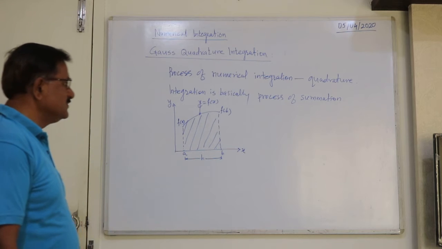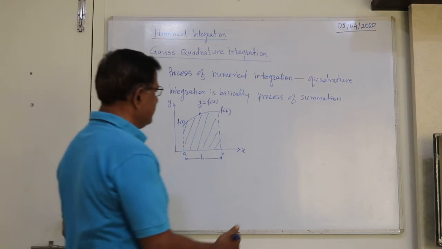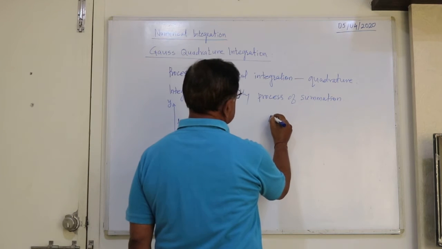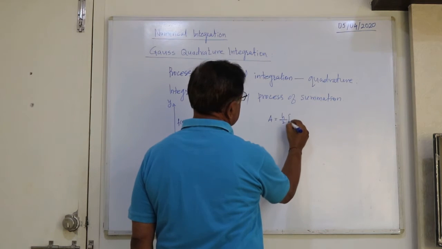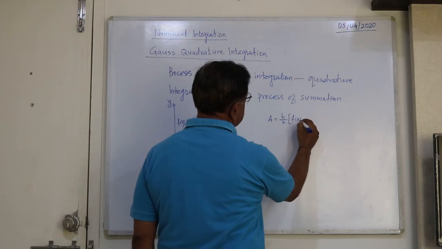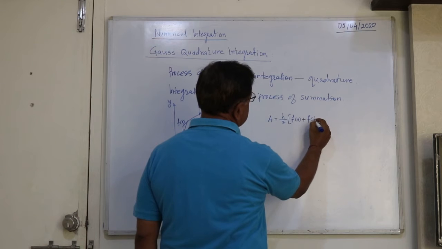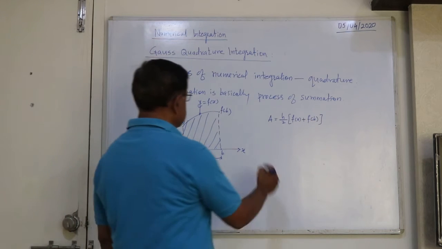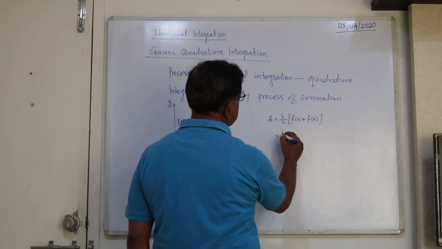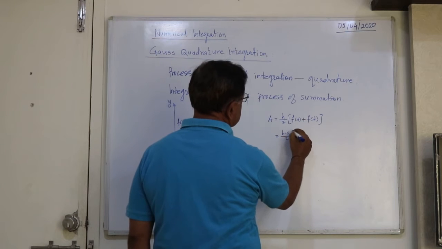Now if you want to use the trapezoidal formula, the area under the curve is h by 2 times f of A plus f of B. What is h? h is b minus a, divided by 2.